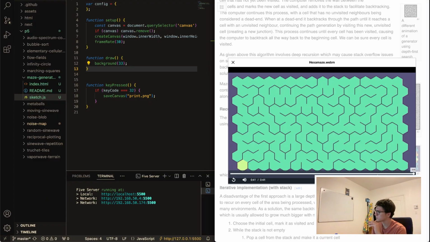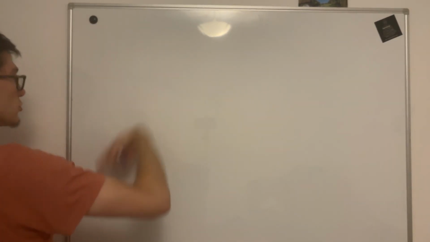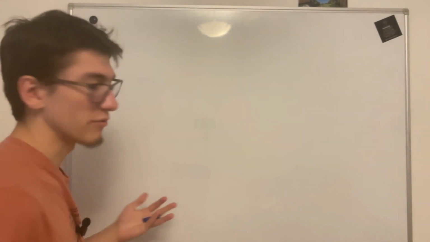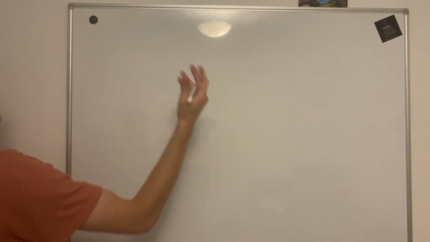So let's go on the whiteboard and try to get something out of our heads, how to get this working, right? So we'll have some type of grid. I won't be drawing the grid again. I've done this a couple of times already, so we'll just be writing the pseudocode we think of doing.